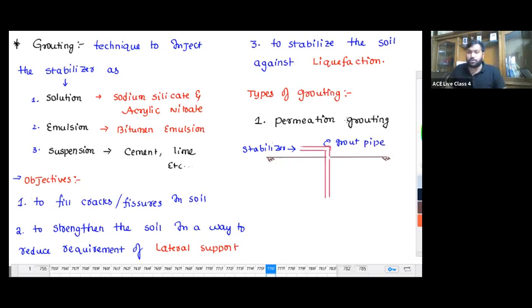And once I have this grout pipe, I'm going to send the stabilizer by means of the grout pipe, and here you can fill the grout. There are different types of groutings over here. So first one is going to be the permeation grouting.